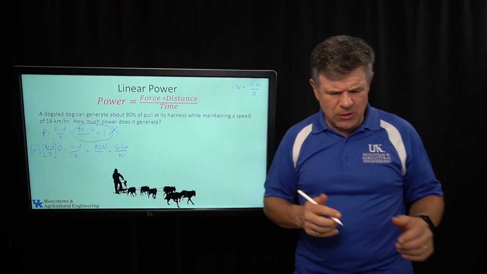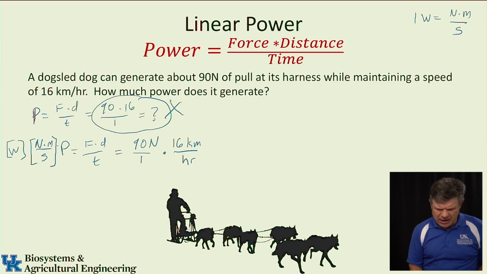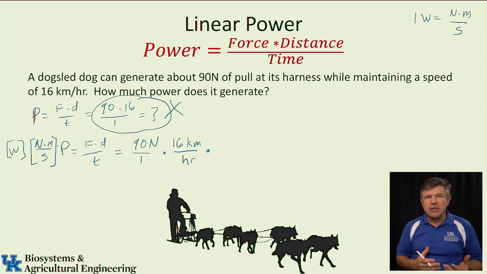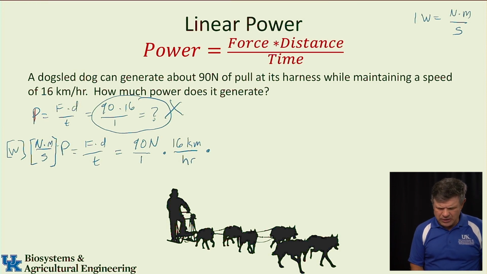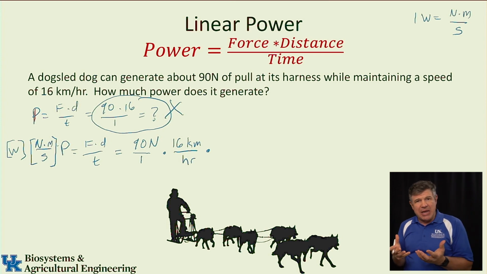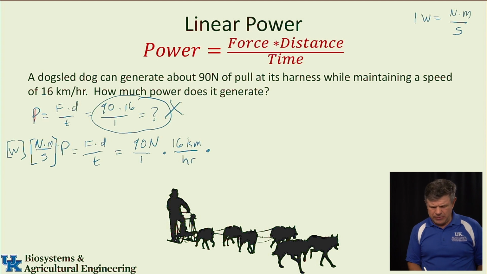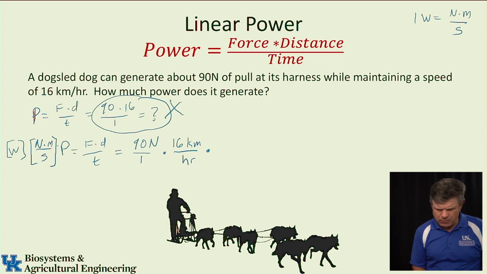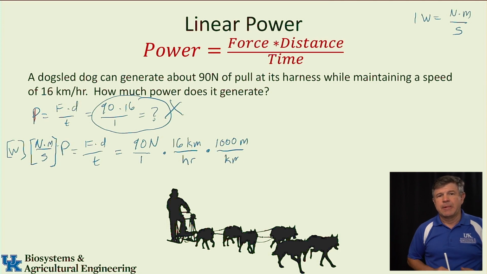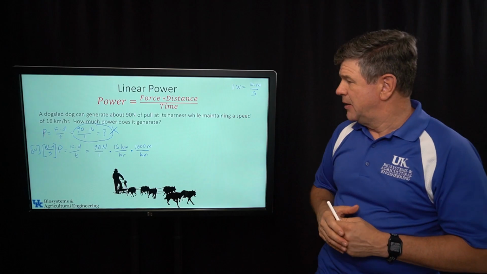So what I can do is multiply this by another fraction that's going to have an equivalency of 1. I want to get rid of kilometers. How many meters in a kilometer? There's 1,000 meters in 1 kilometer. So what I do is multiply this by 1,000 meters per kilometer. Now, what have I done?